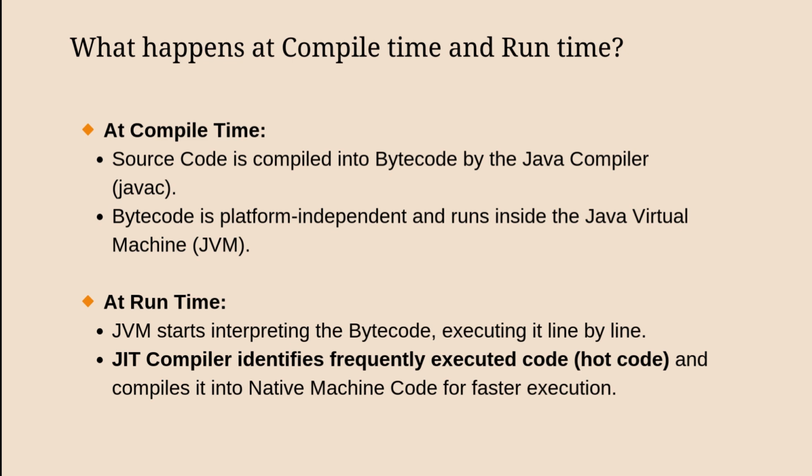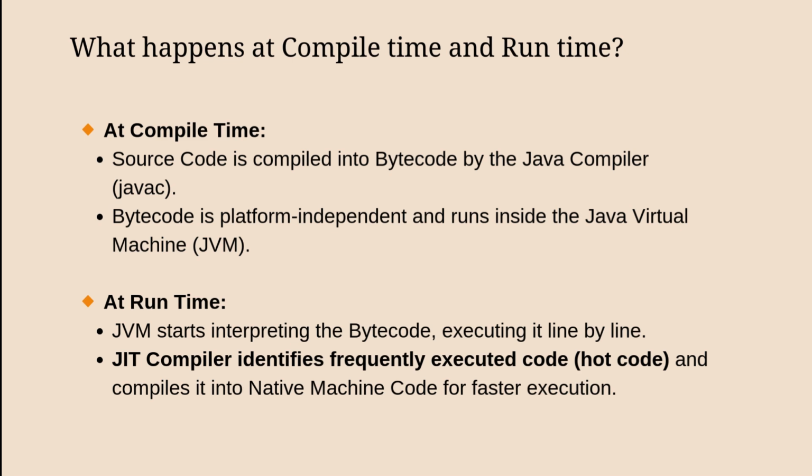Now at runtime, the JVM first starts interpreting the bytecode line by line, but interpretation is relatively slow compared to native execution. That's where the just-in-time (JIT) compiler comes in. It monitors the execution and identifies the parts of the code that are run frequently. These parts are called the hotspot or hot code.